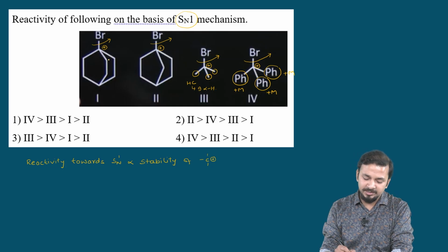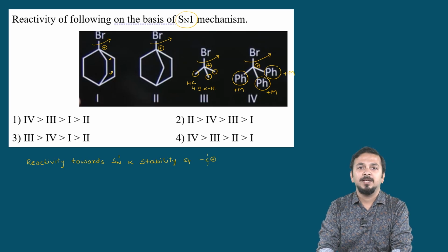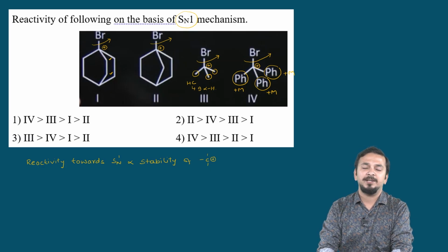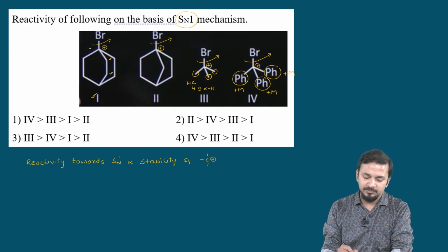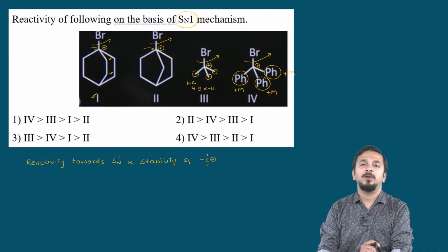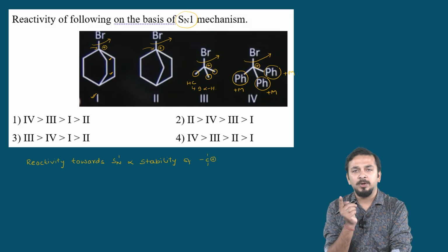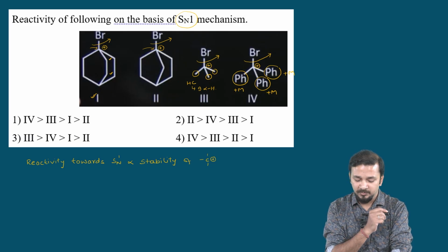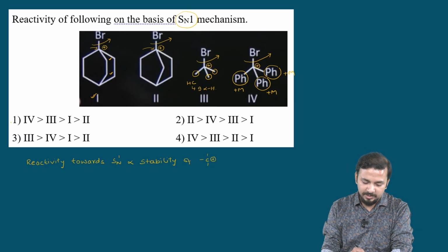But if you increase the number of carbon atoms in the bridging ring, it becomes relatively easier to attain planarity, or we can say it is relatively easier for this compound to have positive charge on this carbon when compared with this, which means 1 is more stable than 2, and so 1 is more reactive than 2 towards SN1 reaction. So our correct answer will be option number 1.